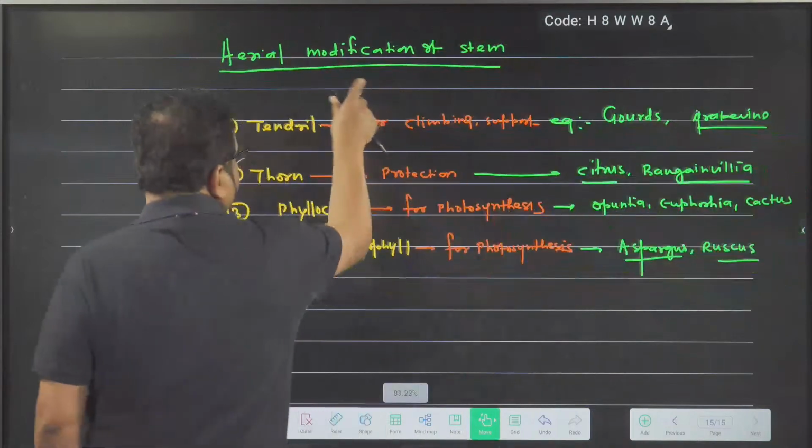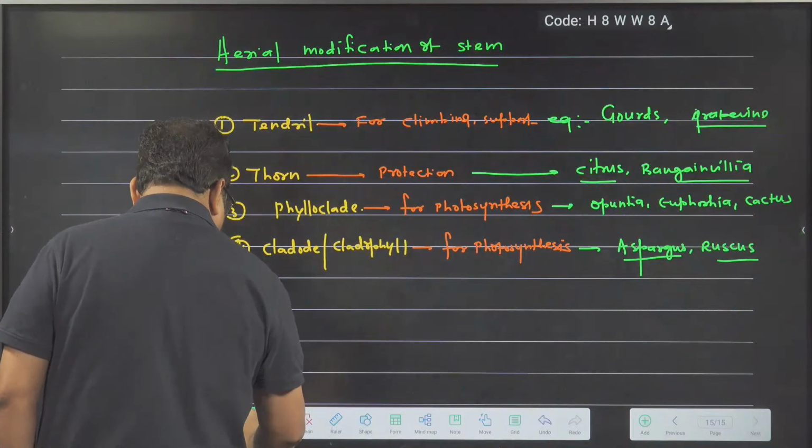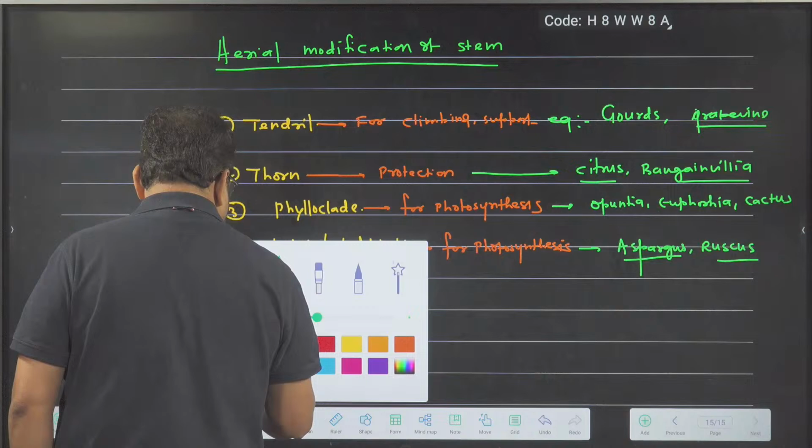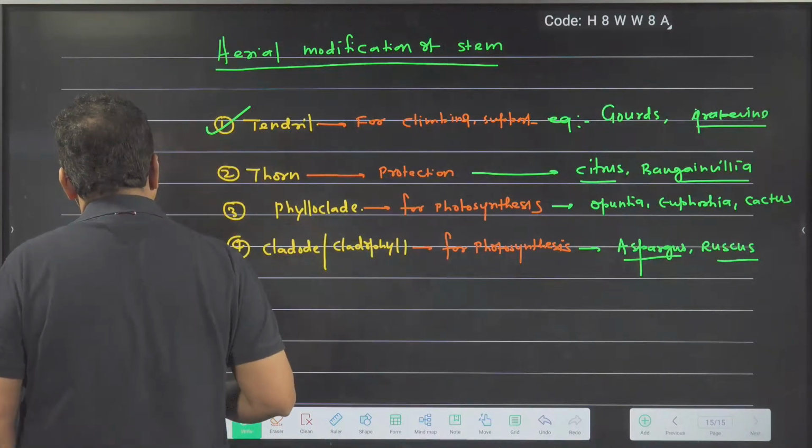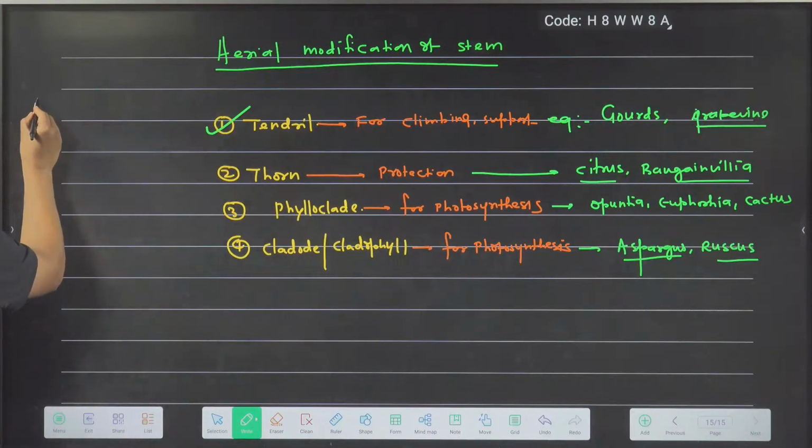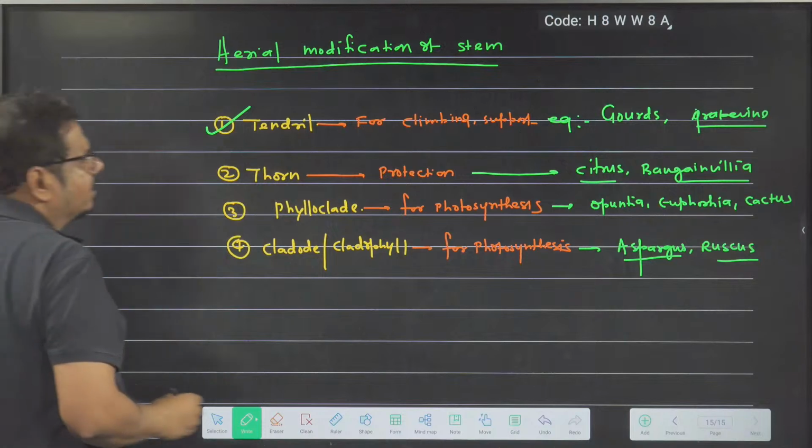Give your attention. We are going to deal with tendril first. Look here. Gourds include cucumber, watermelon, and pumpkin. These are all examples of gourds, collectively called gourds.